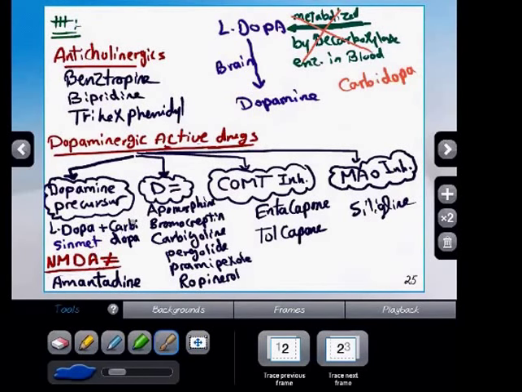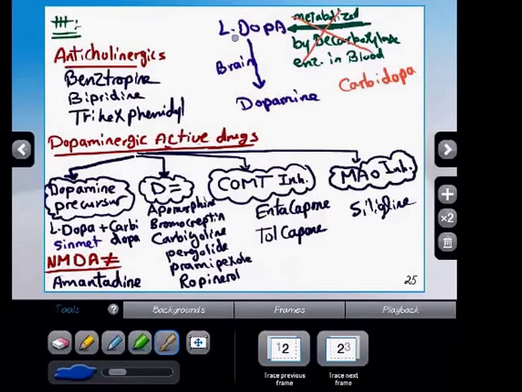What is the importance of carbidopa? When you give L-dopa, it should go to the brain, as it is a precursor for dopamine. When I inject or give L-dopa to the person, it goes through the blood to the brain, and in the brain it is converted to dopamine, so dopamine increases. But L-dopa is metabolized by the decarboxylase enzyme in the blood.